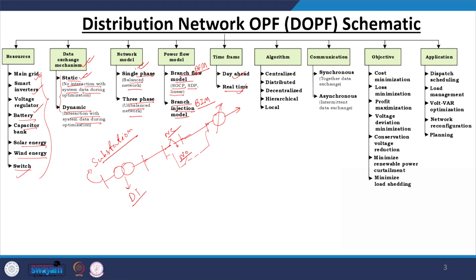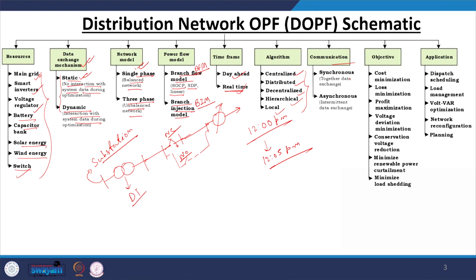Let us say now it is 12 p.m. and you are doing the solution for 12:05 p.m. That is called real time optimization. Your algorithm can be centralized, distributed, decentralized, hierarchical or local. Okay. So, what are they? We will discuss in the next slides.